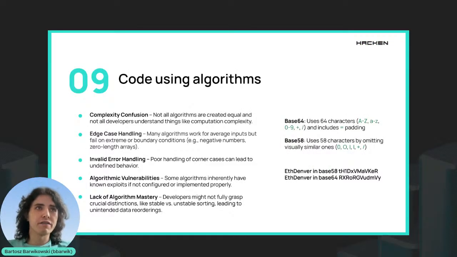Okay, next part is, of course, the code using algorithms. I mean, you can argue that everything is an algorithm when it comes to programming, but I'm thinking more about complex algorithms, especially algorithms from third-party libraries.